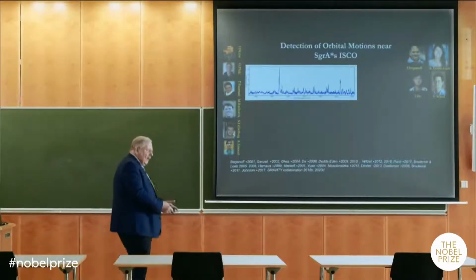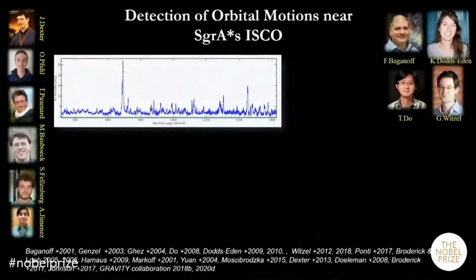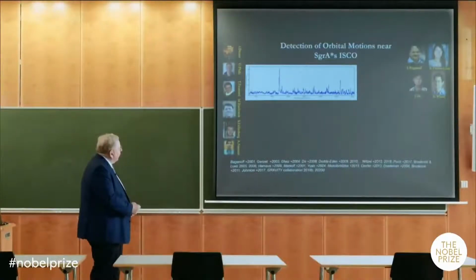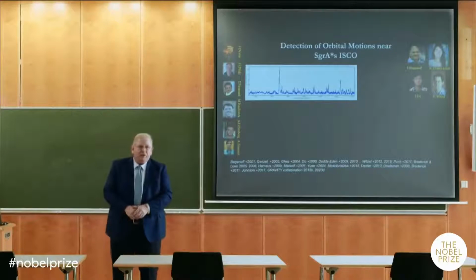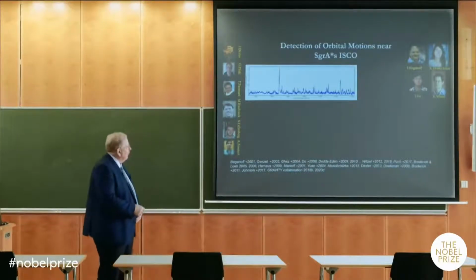Now, how close can we come to the center? Would it be possible to actually probe the region right around the event horizon? Well, actually, in the early 2000s, the X-ray astronomers and then we discovered variable emission in the infrared and at X-rays from the black hole itself. Continuously variable emission.